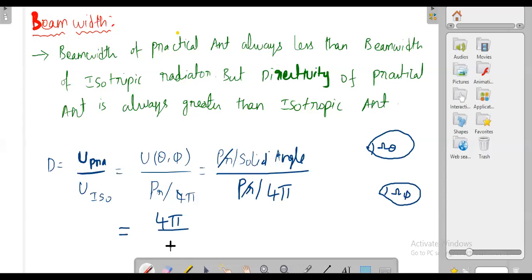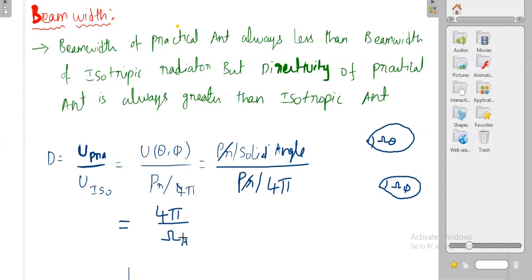In antenna, the solid angle notation is written like this, 4 pi divided by omega A. This is the 3D solid angle, and 4 pi is the 3D solid angle of the sphere, the isotropic radiator, because for a sphere it is completely 4 pi, but for other shapes we do not know the solid angle. That can be found out with the help of 2D angles.